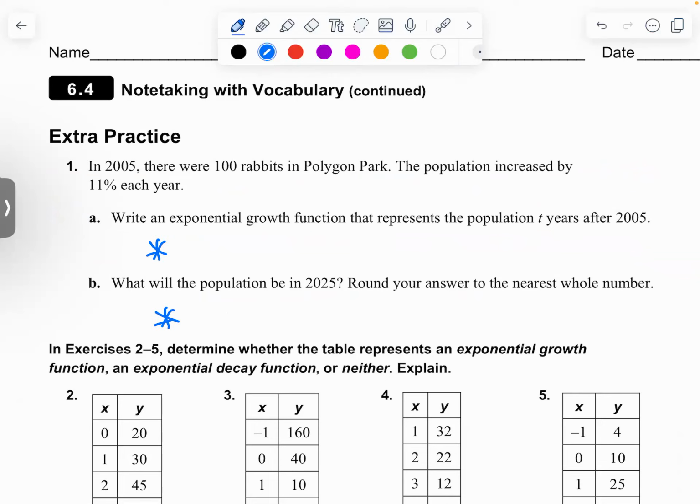How many years does that have to be? Here, yours is going to be T. How many years is it from 2005 to 2000?